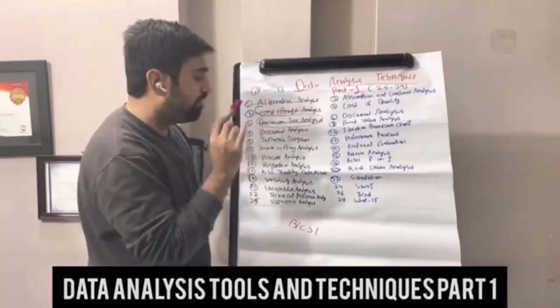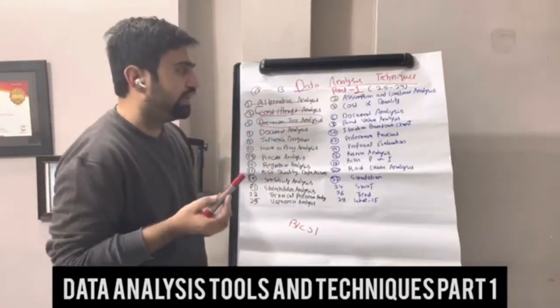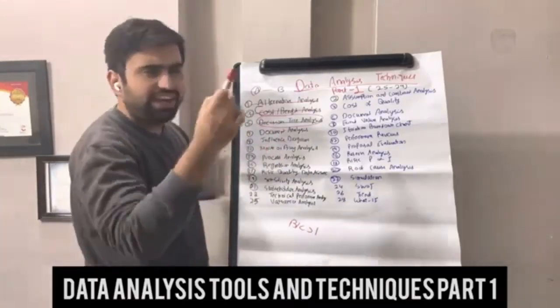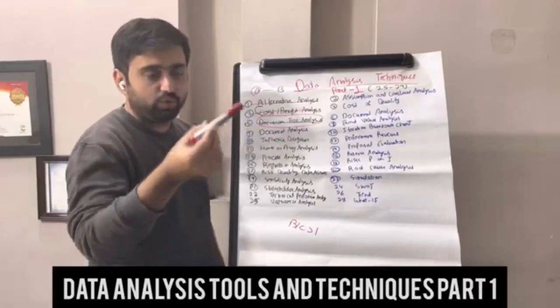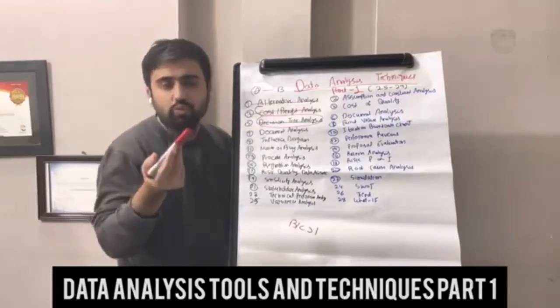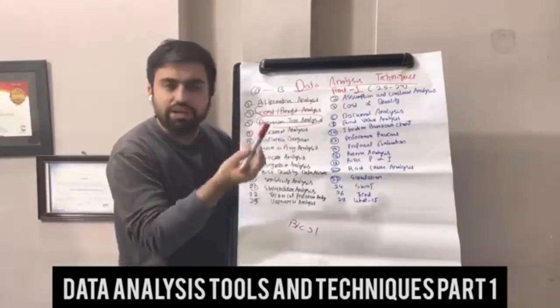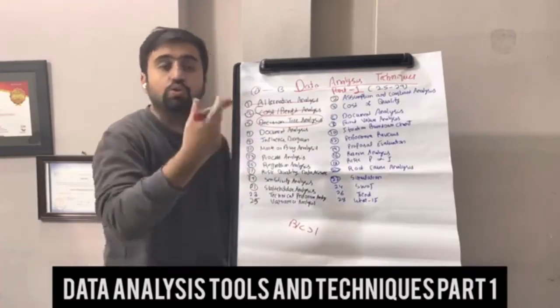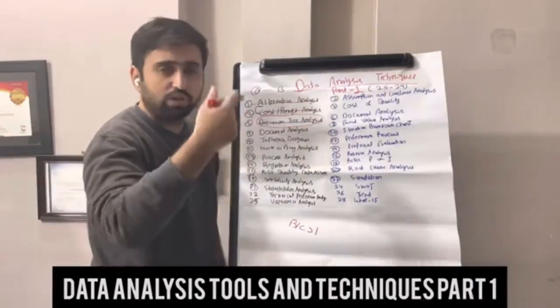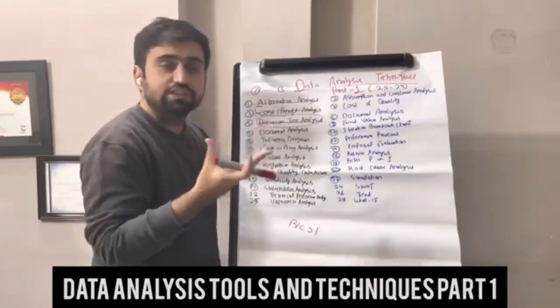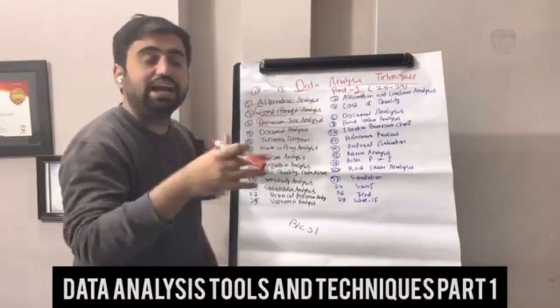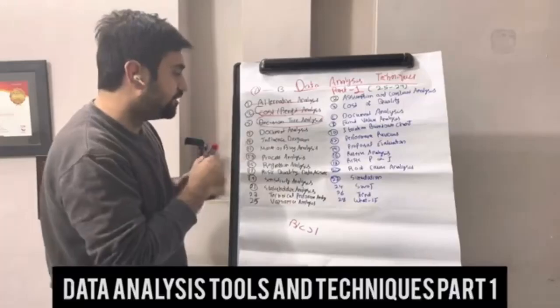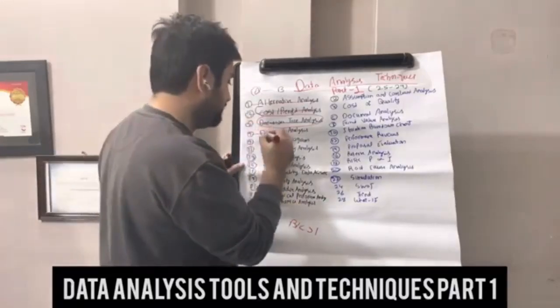Always remember, whenever you are using document analysis, it always goes hand in hand with other techniques. Like, you are reviewing a document, what do you want to review? Are you comparing benefit to cost here? Are you comparing expected monetary value? How are you reviewing the document? So whenever you are going through the documents, you always use other techniques hand in hand with that. So that's it about document analysis.